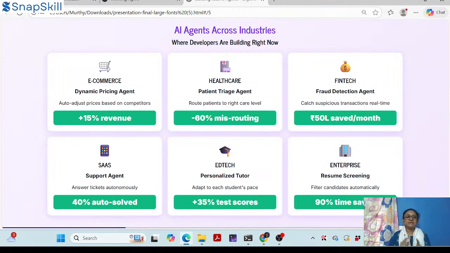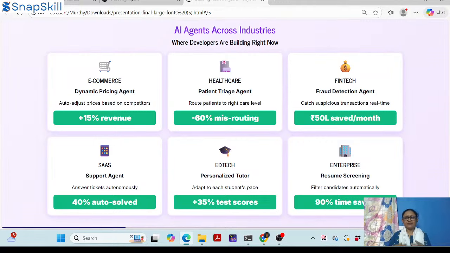So in e-commerce, dynamic pricing agents are required. Why? Auto-adjusting the price based on the competitors and based on the demand. For all these things, a dynamic pricing agent is required. So now, if you learn these AI agent capabilities, you will be in a position to develop a dynamic pricing agent.